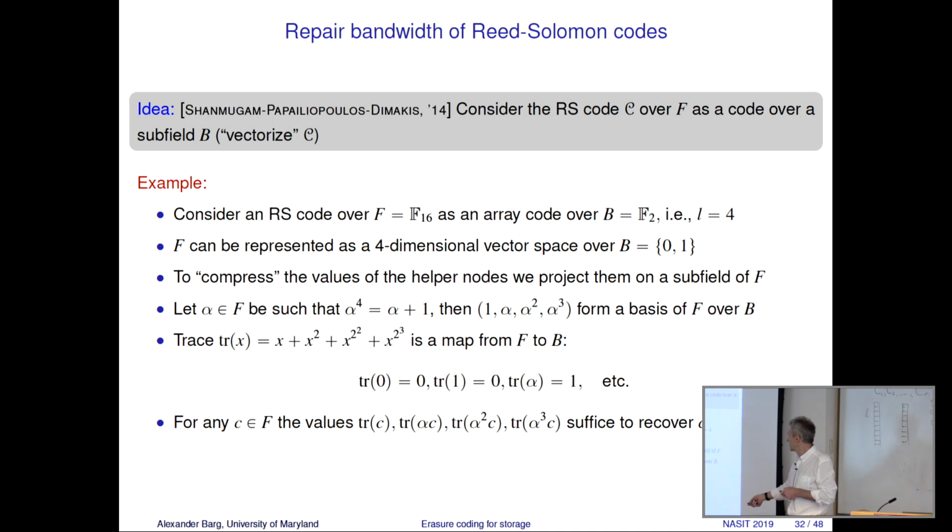Importantly, for any element c of F16, the values trace of c, c alpha, c alpha square, c alpha cube suffice to recover c. That is, quote unquote, orthogonal expansion of an element of F16 as 4 elements of F2. One is tempted to say Fourier-like expansion. Not exactly, but the idea is similar.